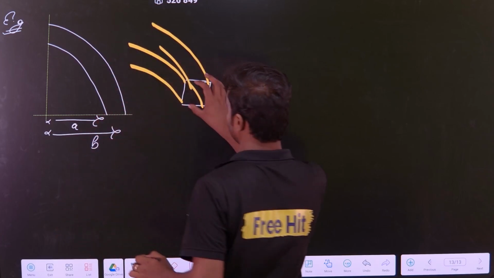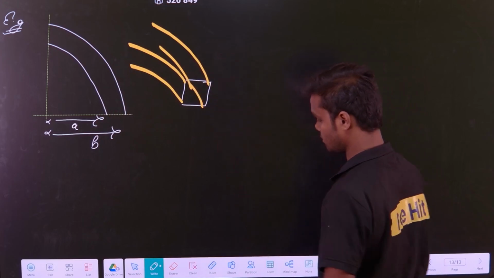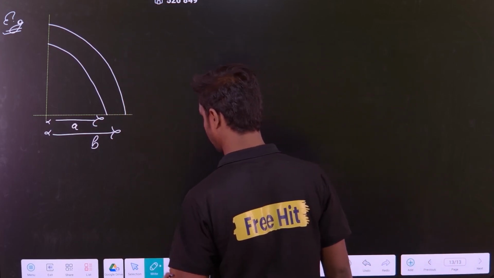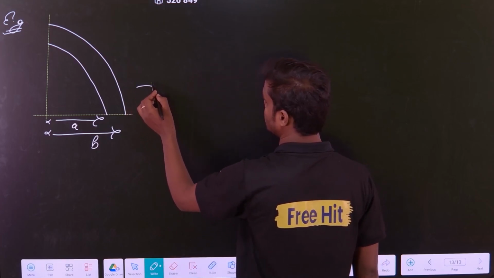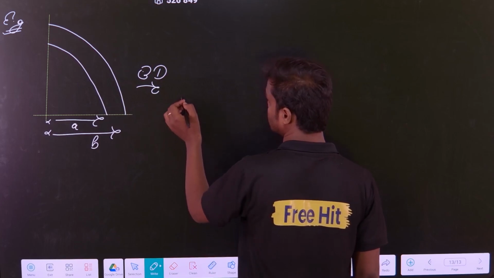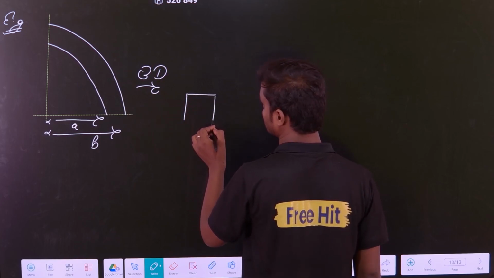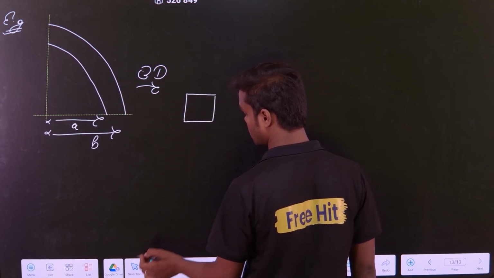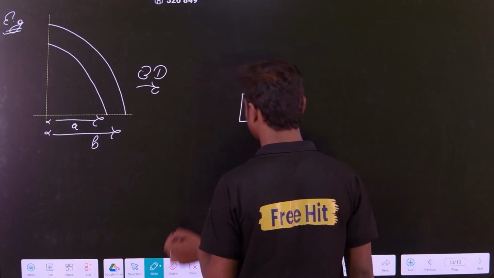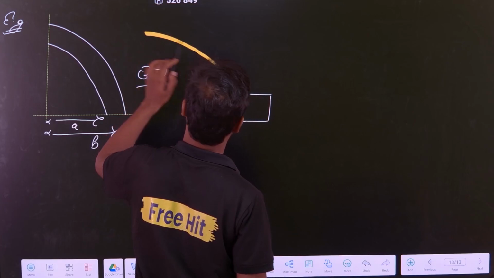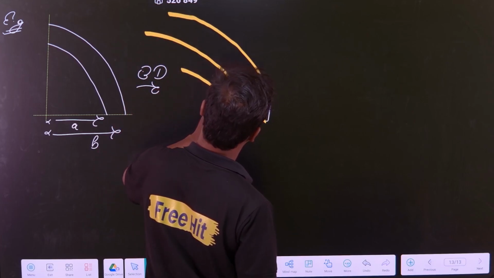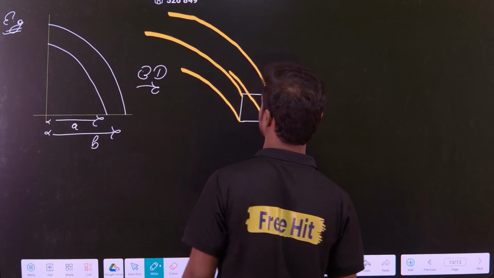Are you getting the point now? Okay, it is something like this. I hope now it is clear for you. Let me draw it more properly for you. This thing I am drawing in 3D. In 3D, if you will see, it is something like this. Correct?